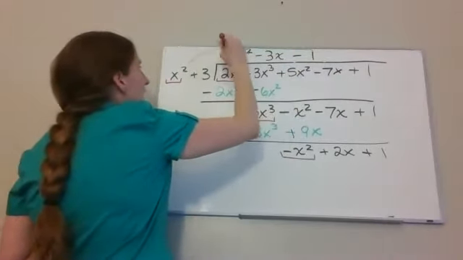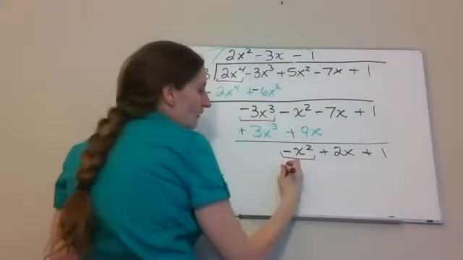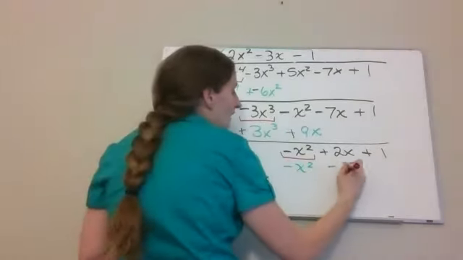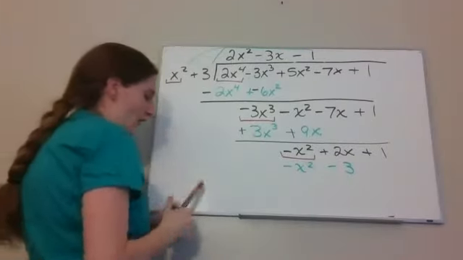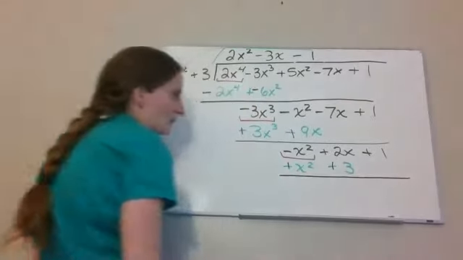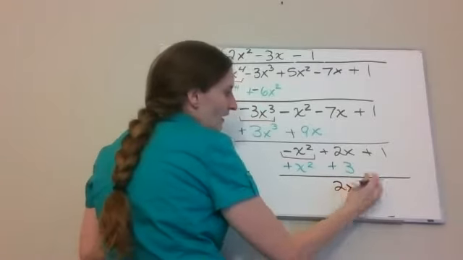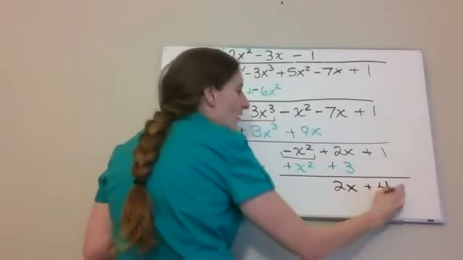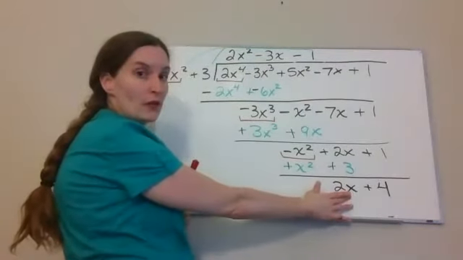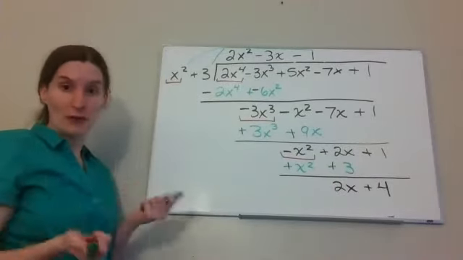Negative 1 times x squared is negative x squared. Negative 1 times 3 is negative 3. We change our signs and add. My x squareds go away. I have a 2x, and 1 plus 3 is 4. And I'm done at this point because I have an exponent of 1 over here, but the exponent of my divisor is 2. It's greater than that, so we're finished.